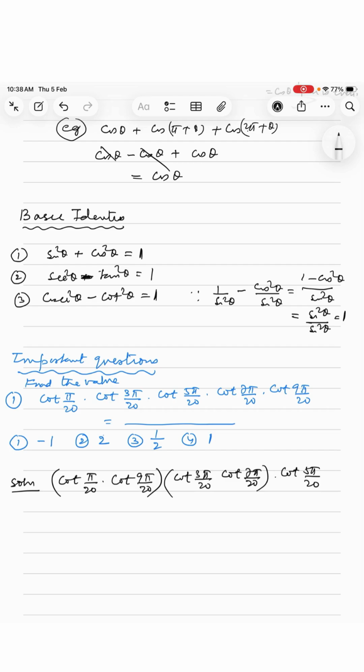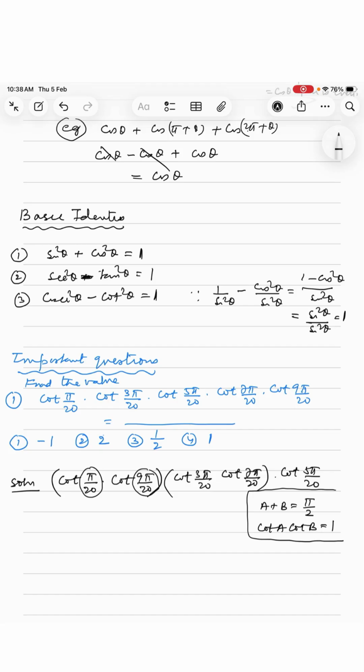Now the advantage is, if A plus B is pi by 2, that is complementary angles, cot A into cot B is always equal to 1. This is the rule. Whenever the sum of two angles is complementary, that is 90 degrees, cot A into cot B is 1.